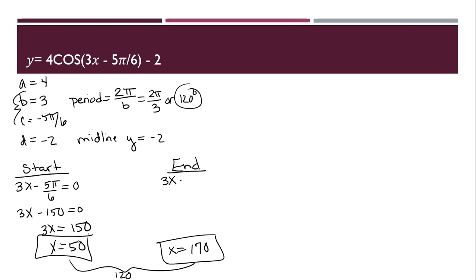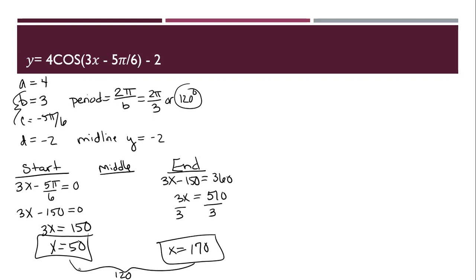So 3x minus 150 is now equal to 360. Divide both sides by 3. And you do get x equals 170. Yay! And now we need the middle. Okay, well, 50 plus 170 divided by 2.